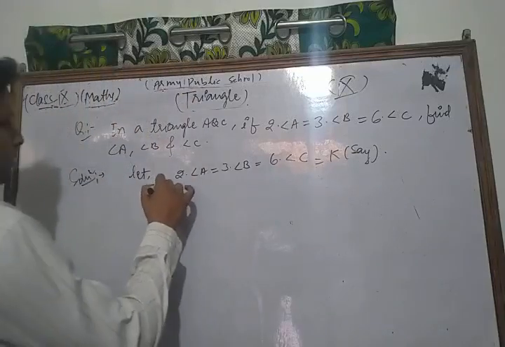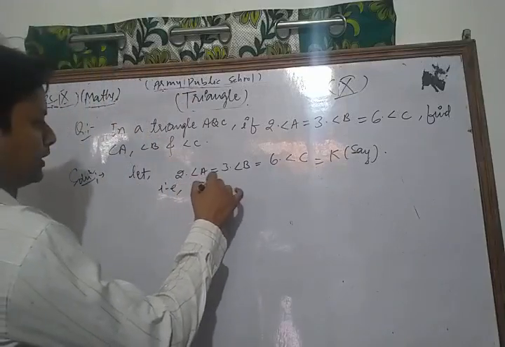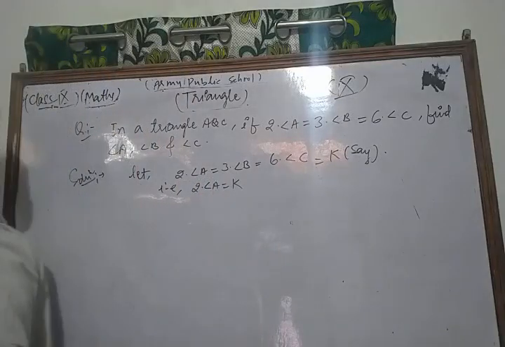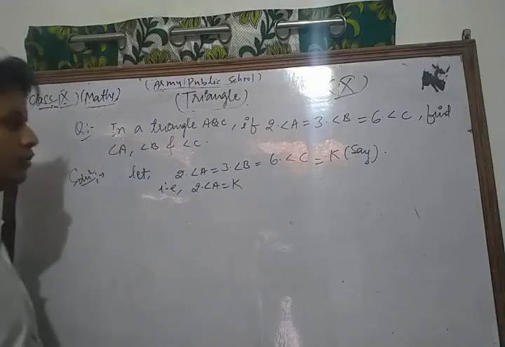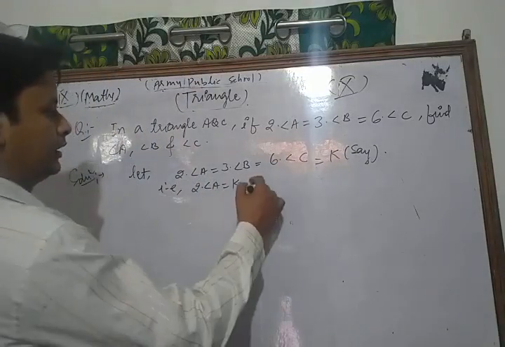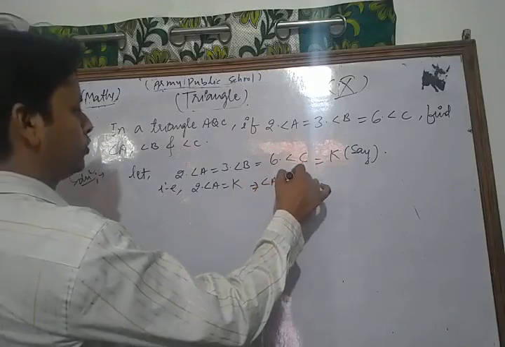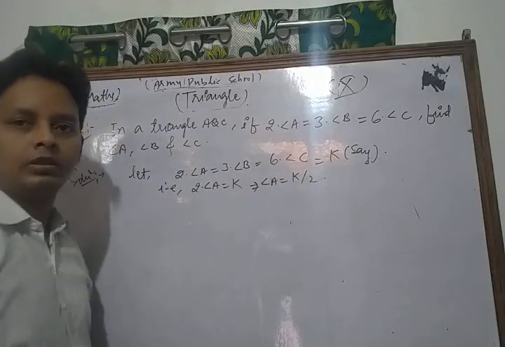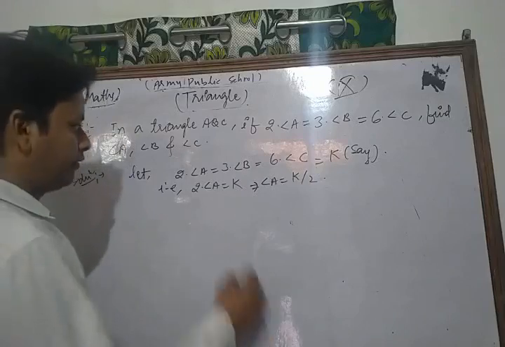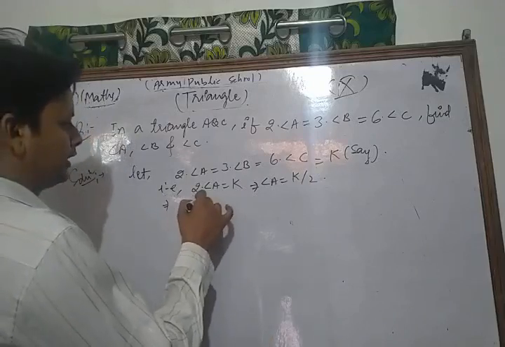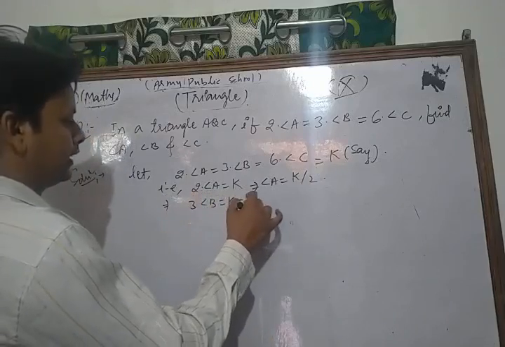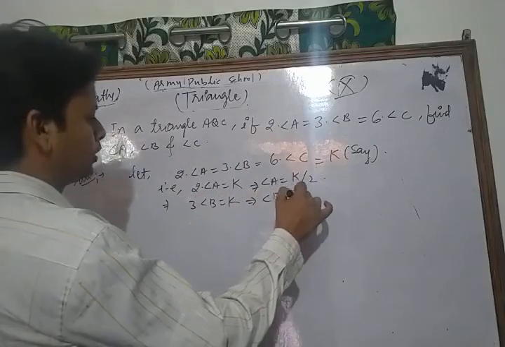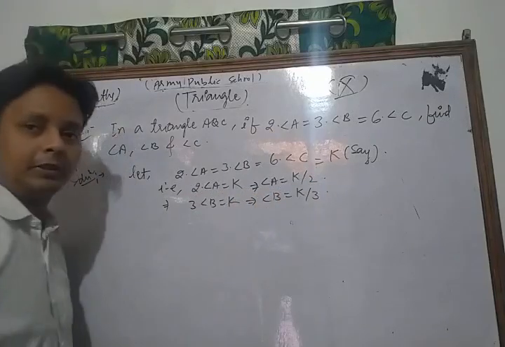If we take 2 times angle A is equal to K, this implies the value of angle A is K by 2. If we take 3 times angle B is equal to K, then we get angle B is K by 3.